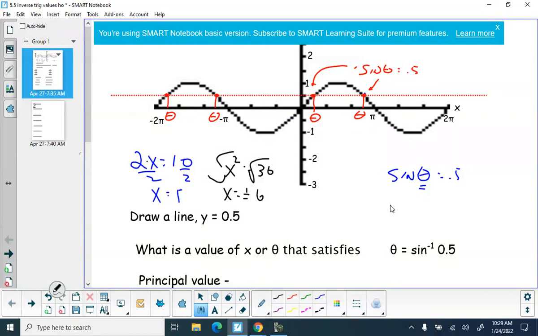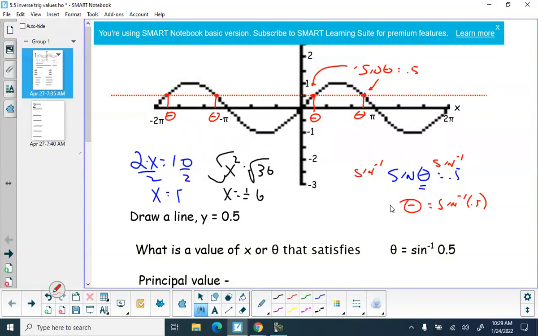Well, just like when we had multiplication by 2, we divided by 2, or square, we square rooted, what undoes the sine is the inverse sine. So we could take the inverse sine of both sides. So we have the inverse sine of 0.5.